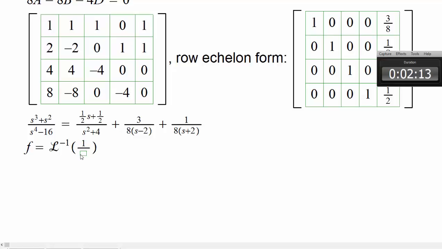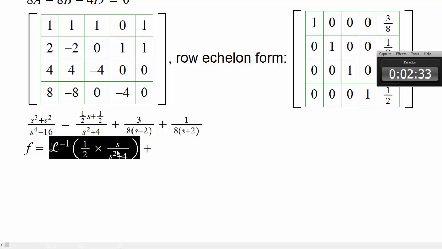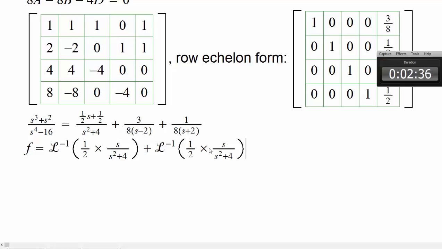So here we have 1/2 times how much? 1/2 times s over s squared plus 4, okay, then plus again the same thing, and this time we have only how much? 1.